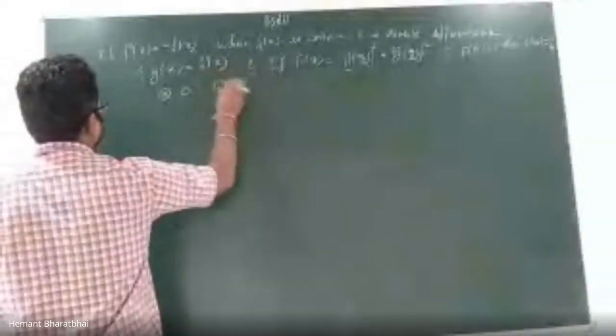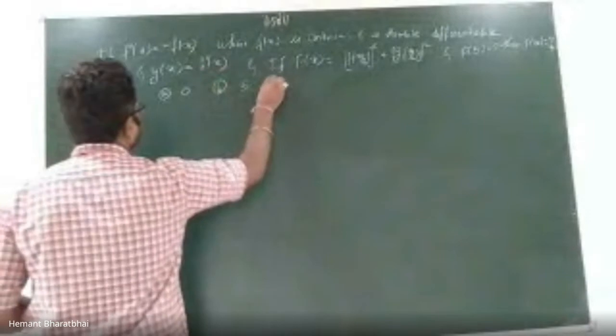Option A 0, option B 5, option C 25, and option D 10. This has come in the year 2006 in IIT exams.